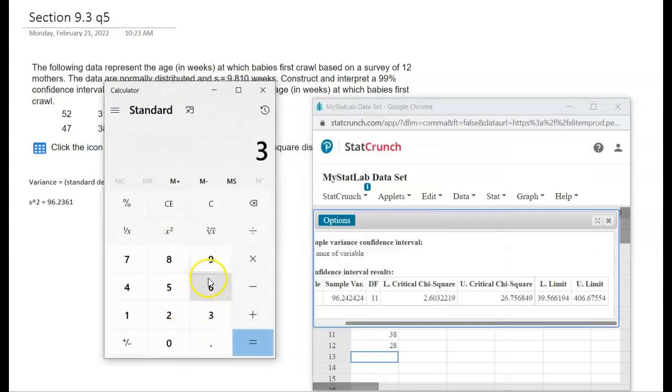So we're going to do 39.566194 and take the square root. So 6.2901 is the lower limit of our confidence interval. You do the same thing for the upper limit, and that gives us our confidence interval. I hope this helps you with this problem.